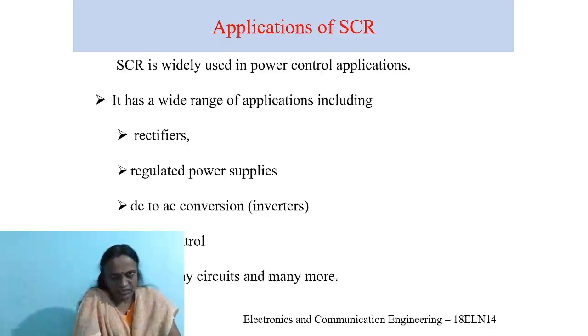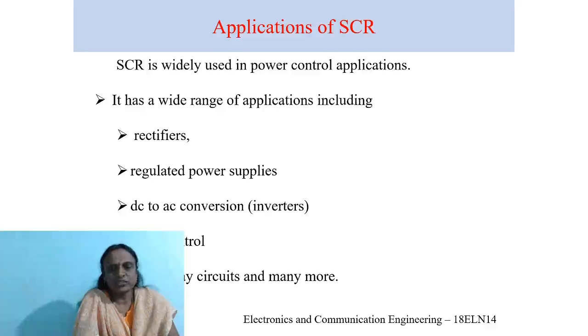To recap, we have already repeatedly seen that the SCR is a 4-layer, 3-junction device, and when the gate voltage is 0 or negative, it doesn't turn on. When the gate voltage is positive, that is VG is greater than or equal to 0, the SCR turns on. Once the SCR is on, we can't turn it off. So we are going in for commutation.